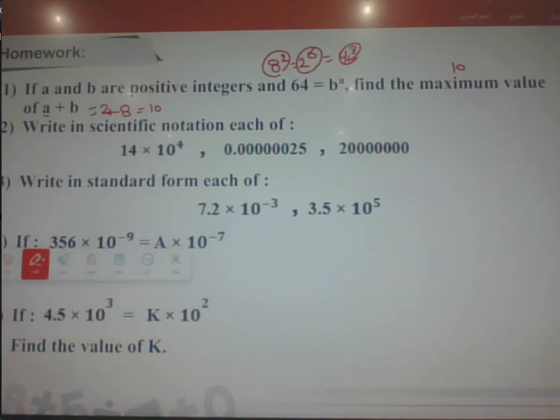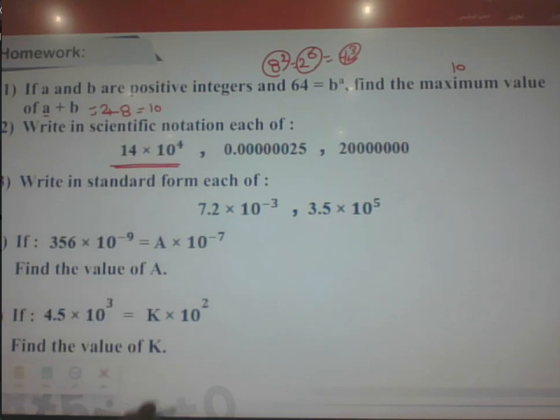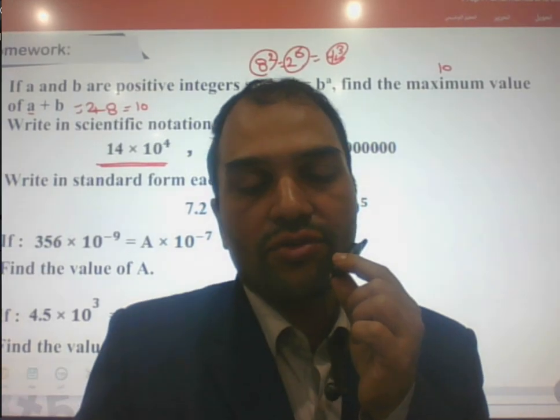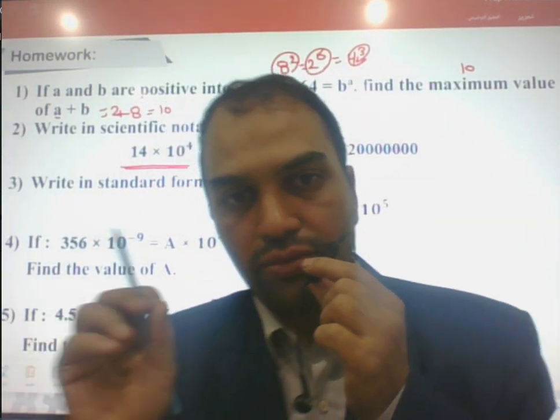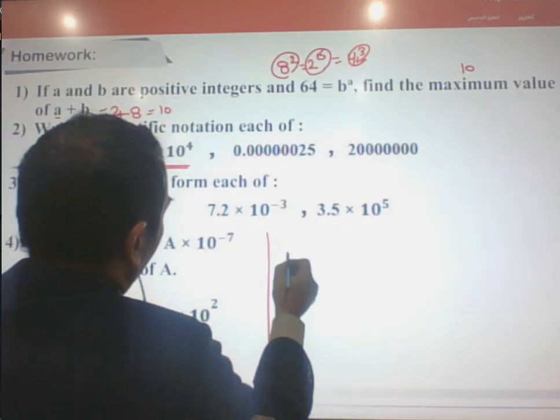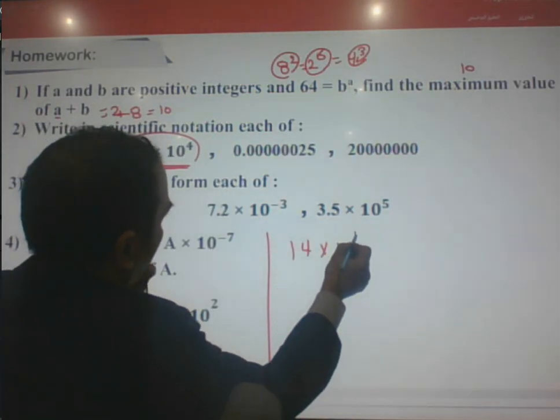10. Right, scientific notation of each. Look at the first question, 14 times 10 power 4. You can convert this number. Listen to me, how to convert 14 times 10 power 4 here? Who can tell me? We must put the point between 1 and 4. Listen to me, I will solve this question here. We have 14 times 10 power 4.